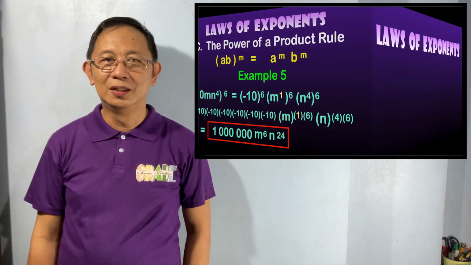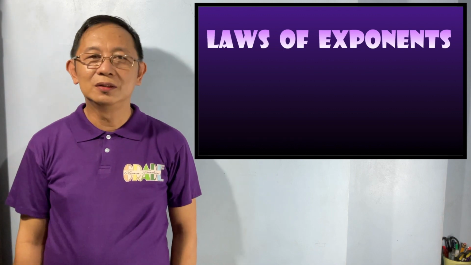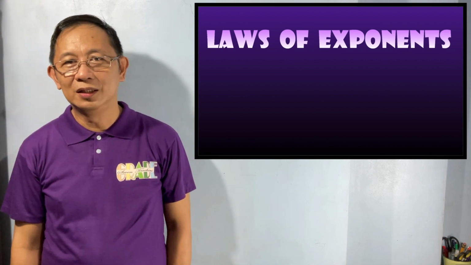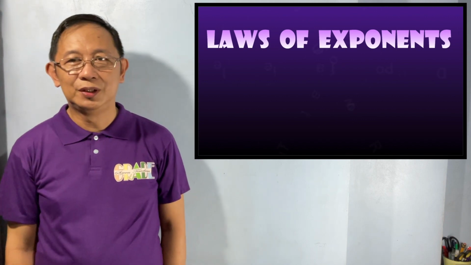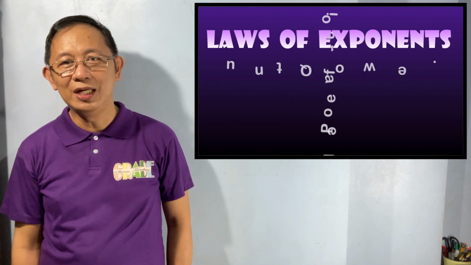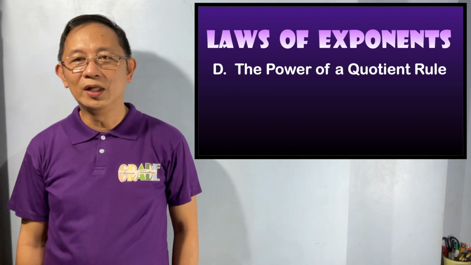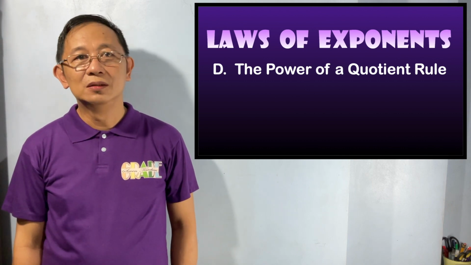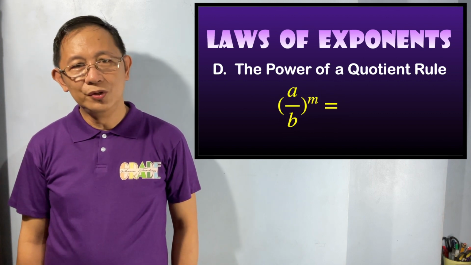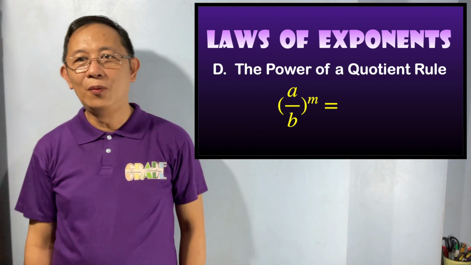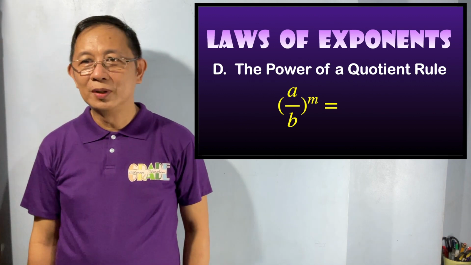Now we will move to the fourth law of exponents, and that is the power of a quotient rule. This is letter D, or the fourth law of exponents. Quantity A over B raised to the m power. What you did in the power of a product rule, you do the same in the power of a quotient rule.